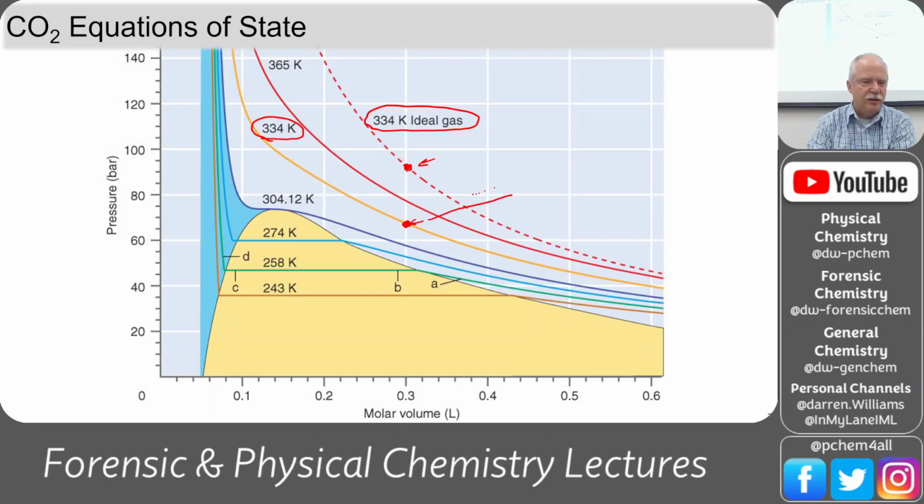So the actual pressure is around, let's see, this is 70 here, so a little bit below that. You want to say 67? And the predicted ideal gas, this is 90, so it's a little bit above that. I'm going to say 92.